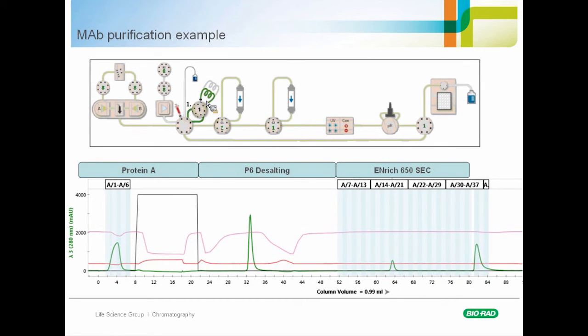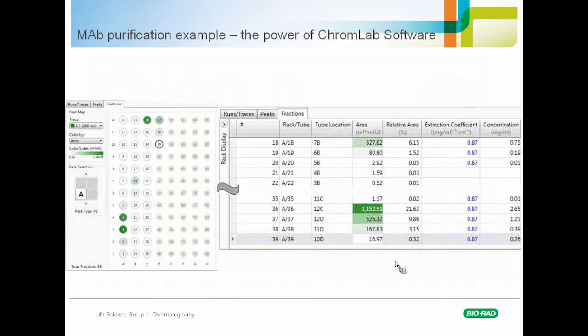Summarizing the workflow at the top: the IMAC column, dialyzing the fractions, analyzing them in a gel, moving on to the ion exchange column, collecting those fractions, analyzing them in a gel, and then taking the fractions of interest onto the size exclusion column. So that sequential step method that could take 2 or 3 days, allowing for the dialysis and gel run times, was brought into an automated process that took 5 hours from start to finish.